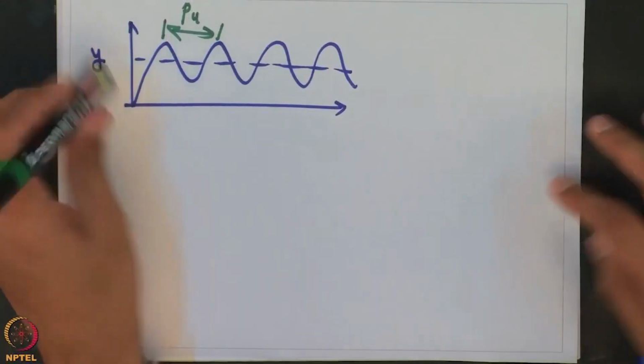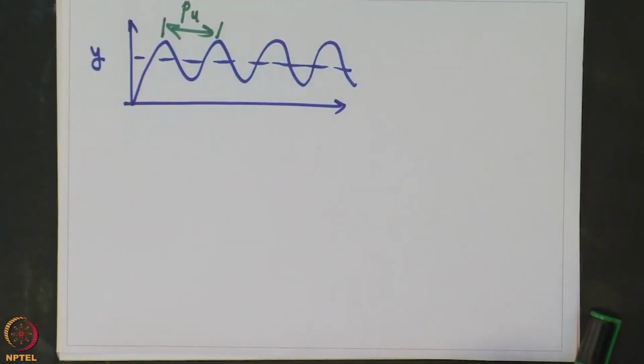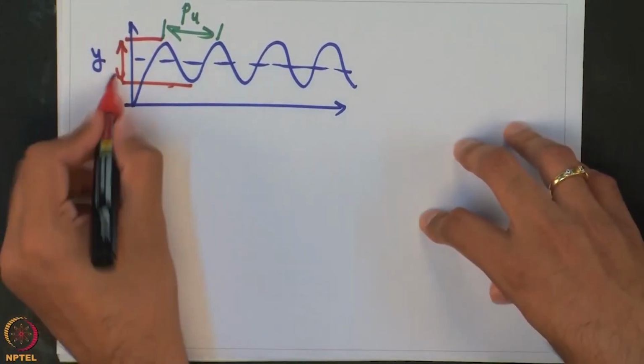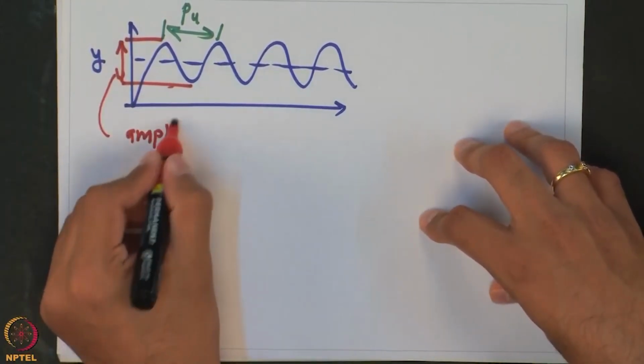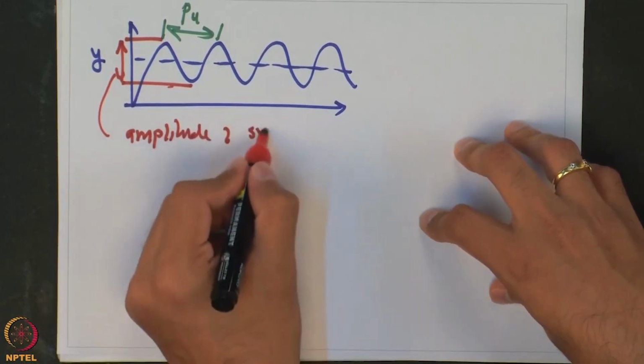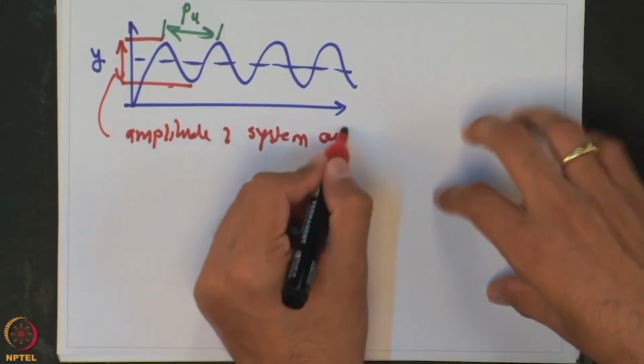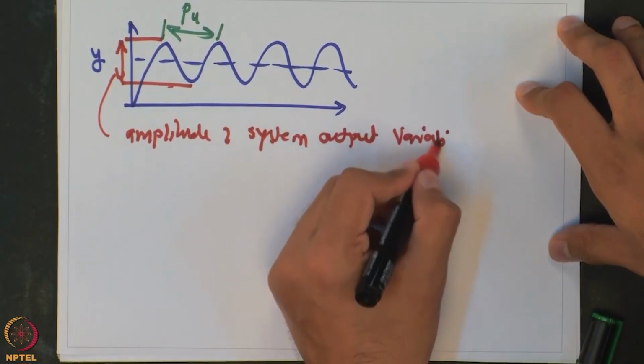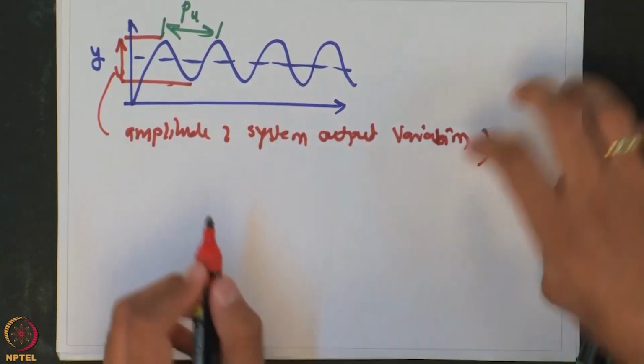The only tricky part is that you are relying on the process, and depending on the information about the process, this amplitude of variation may be large.